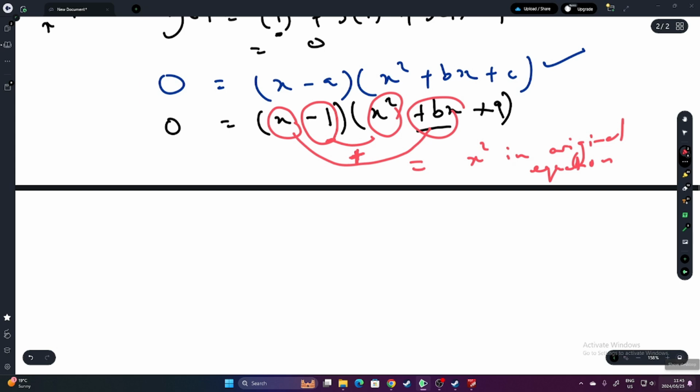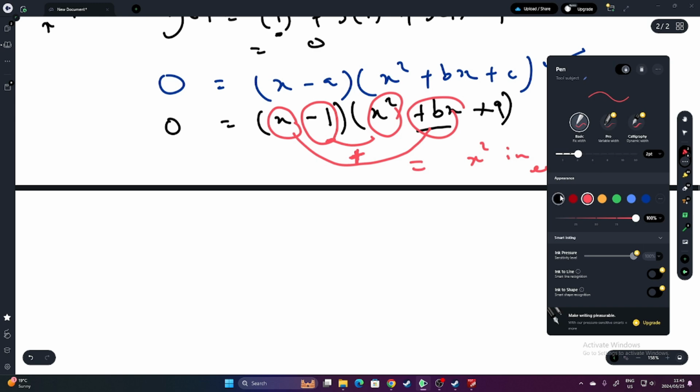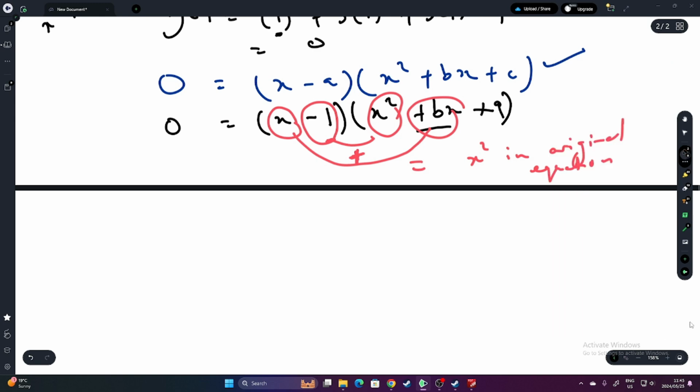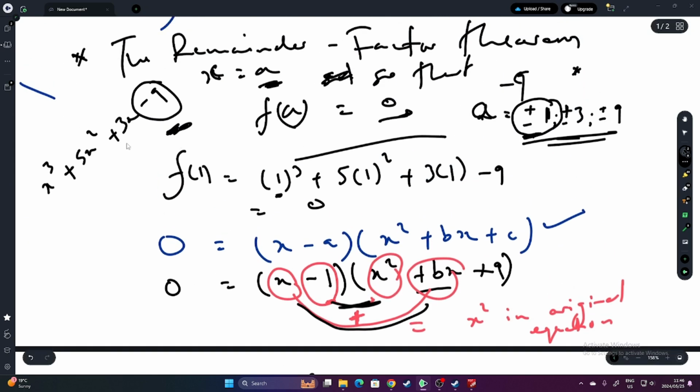So if we were doing that, this is what we would have. We would say minus x squared, doing the first multiplication, plus bx squared, doing the second, is equal to the x squared in the original.